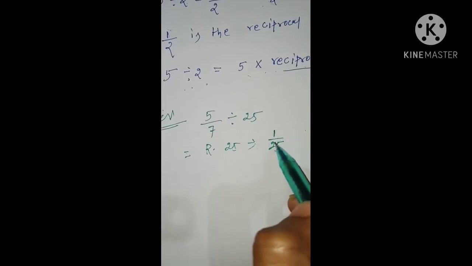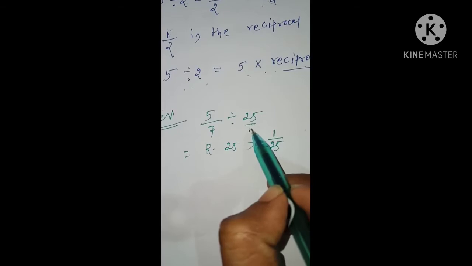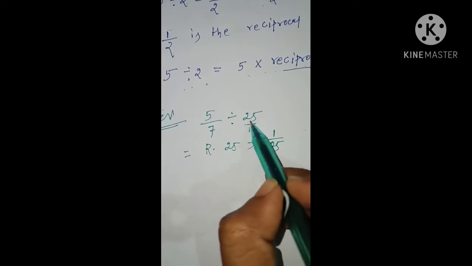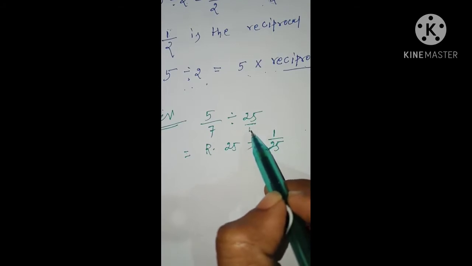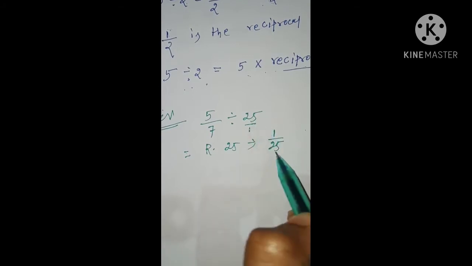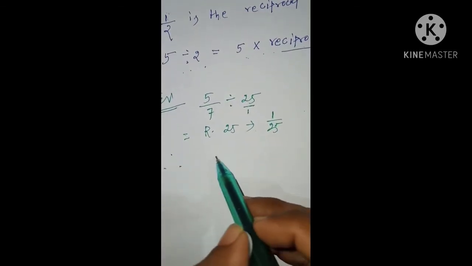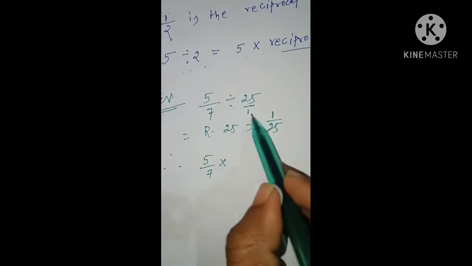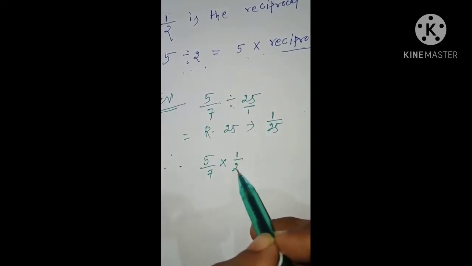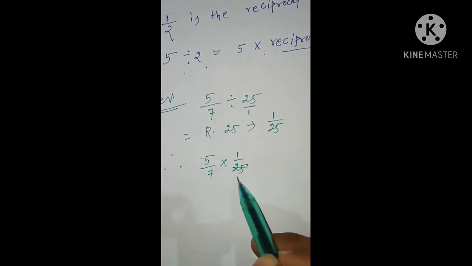Sir, how is it 1 by 25? Because here nothing is there, it means the denominator is 1. The reciprocal, I told you, is top becomes bottom, bottom becomes top. So 25 goes on top and 1 goes to the bottom, so 1 by 25. Therefore we can write 5 by 7 multiplied by 1 by 25. Now the cancellation is possible. 5 fives are 25.